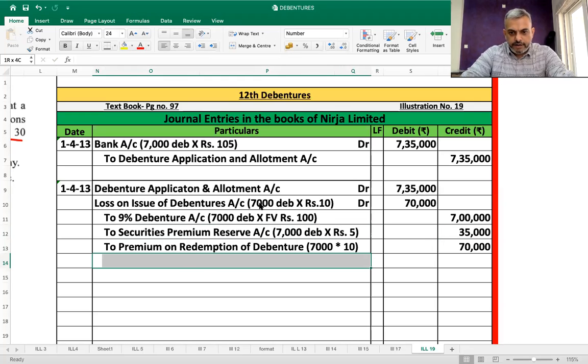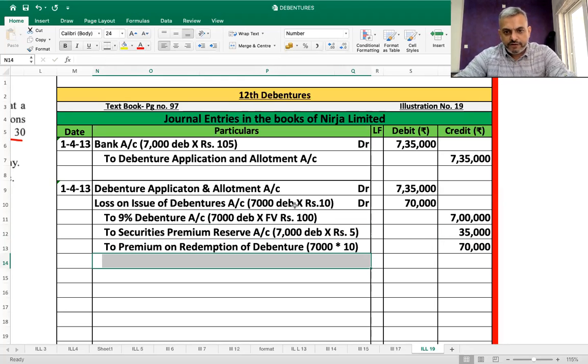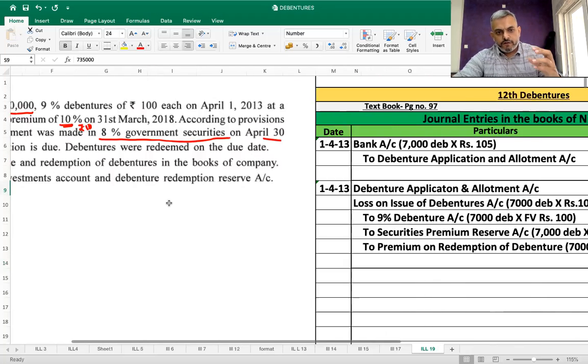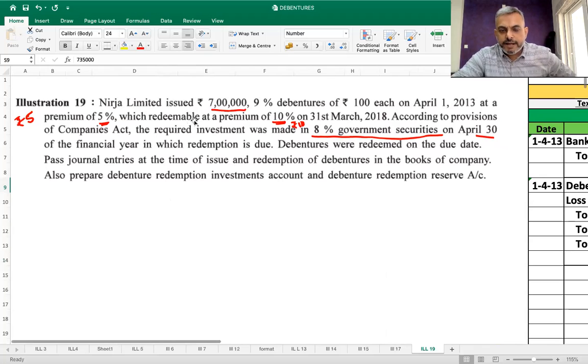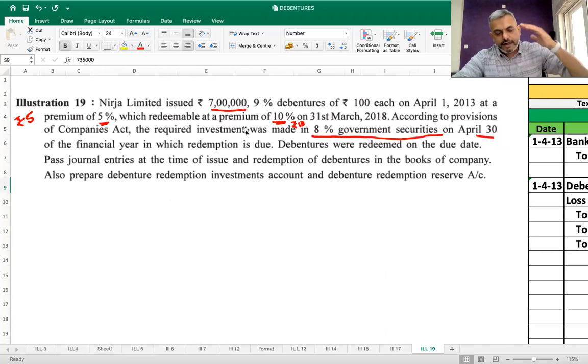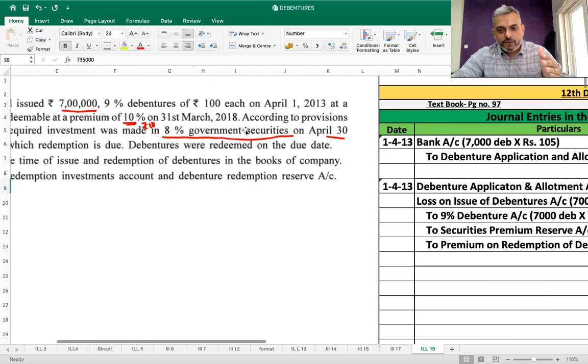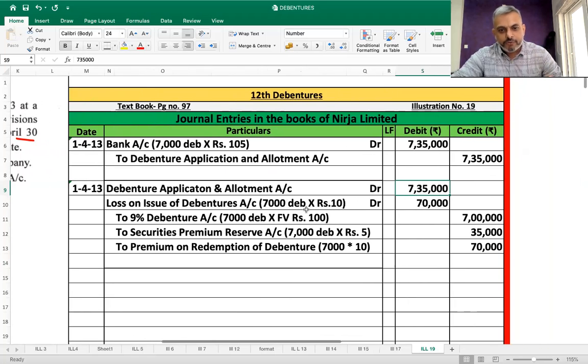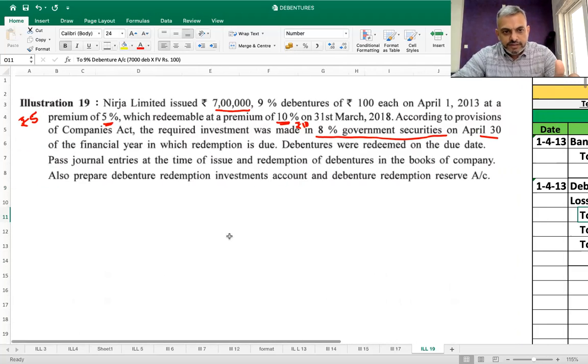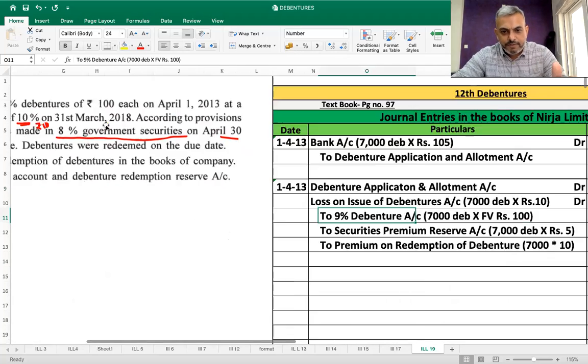So very important entry. I'll explain it once again to you. Now, debenture application and allotment, we debited loss. This loss is what we have committed over here. They are redeemable at a premium of 10%. So I've given this commitment. So loss is already incurred. So we debit our loss account. Then debentures, we create liability with the face value amount. We issued these debentures at a premium of 5%.